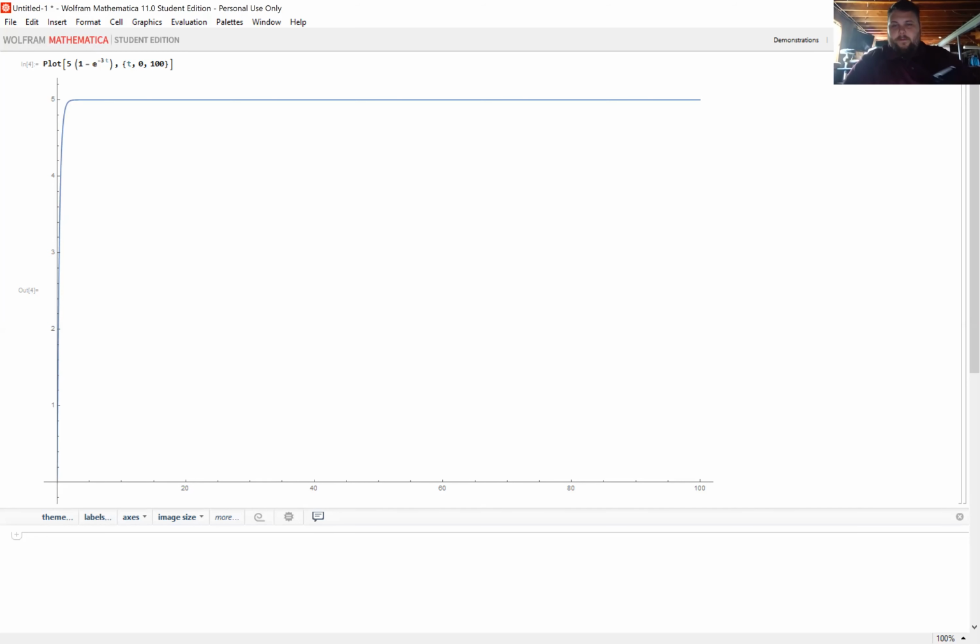And that keeps going. But it's already at 4.75 something after just 1 second. So it ramps up pretty quickly, right? It's exponential.